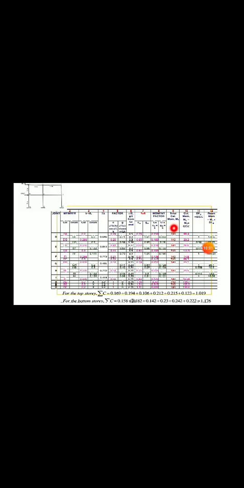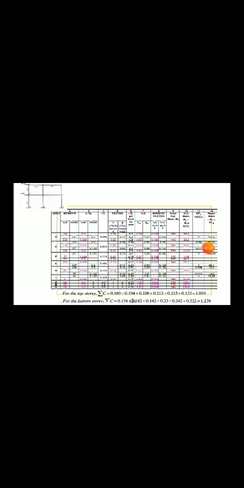Now next step is total column moment, MT. This total column moment we have already found out in the previous step. See, in this step we have for column above DEF is 140 and for column moment ABC is 740.